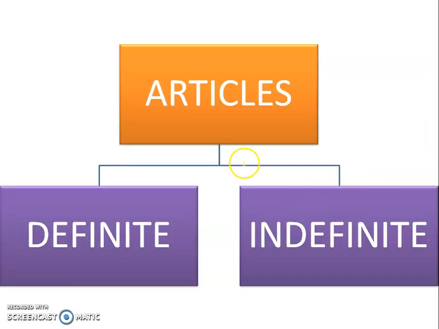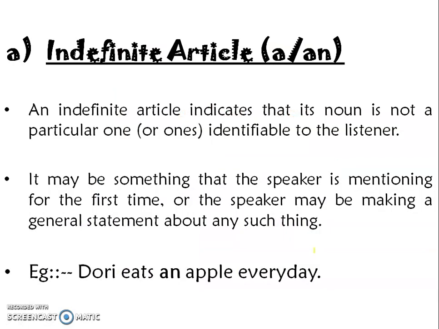Articles, as I told you, are of two kinds, right? One is definite and the other one is indefinite, right? So we'll be seeing this in detail. In the indefinite article, it is not specific, right?